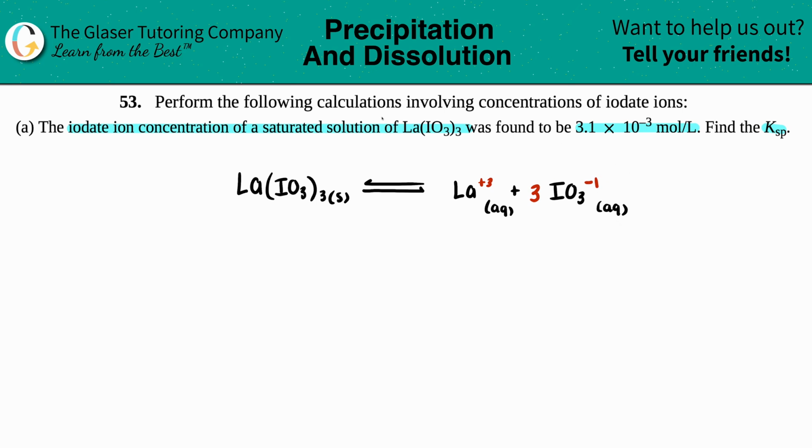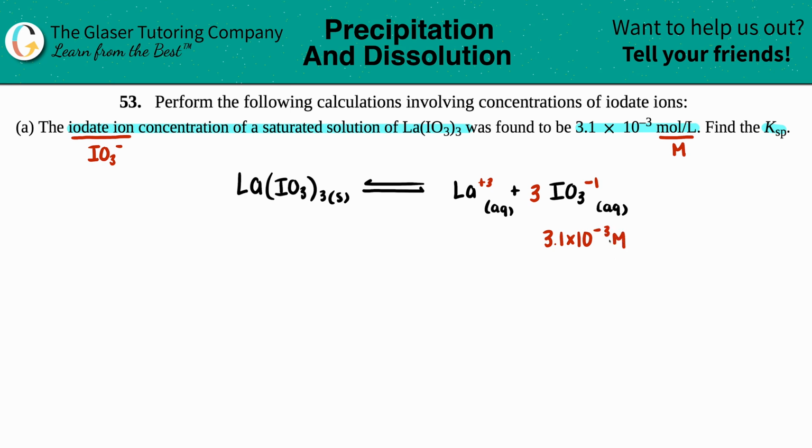Now, they did say that the iodate ion is IO3. That's the IO3 minus, so this ion over here. The concentration was found to be 3.1 times 10 to the negative third moles per liter. Remember, moles per liter is just molarity. So this value is 3.1 times 10 to the negative third.